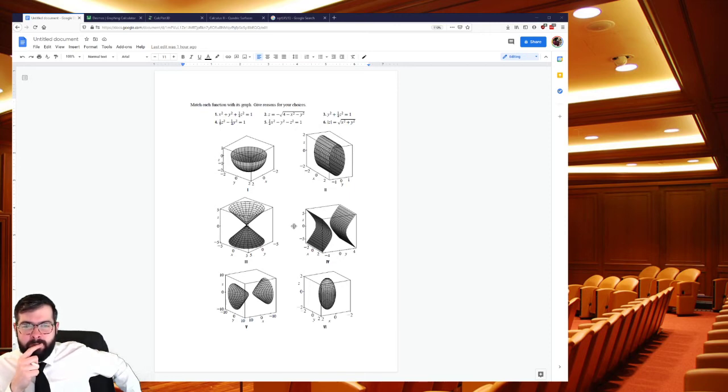Well, that would have to be 5, but that one, number 2, I think. Because the equation of number 2 says we're going to make it negative after we take the square root. So we would take the square root of our sphere, cut it in half, and then flip it upside down.